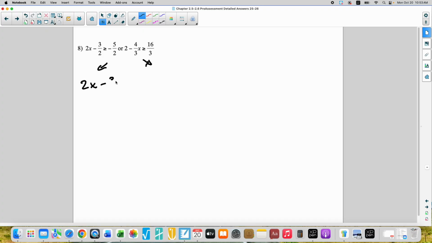2x minus 3 halves is greater than or equal to negative 5 halves, or 2 minus 4/3 x is greater than or equal to 16/3. So let's get rid of the addition and subtraction. Add 3 halves. These are like denominators, which I like.